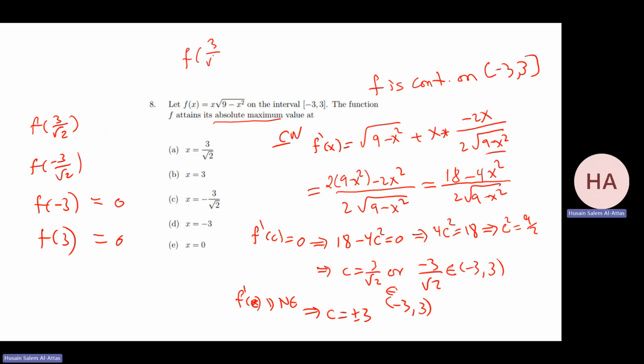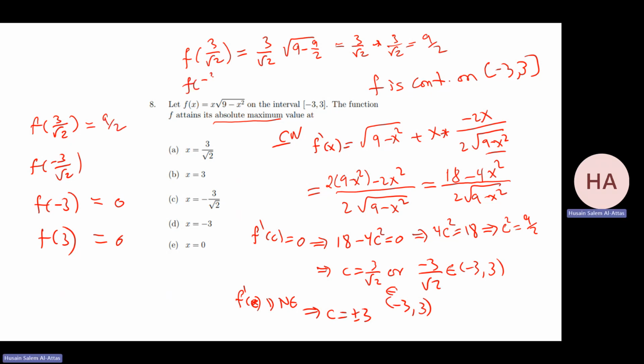F of 3 over root 2 will be 3 over root 2 times square root of 9 minus 9 over 2, which is 18 over 2 minus 9 over 2. That is 9 over 2. So it's times 3 over root 2, and that will be 9 over 2.